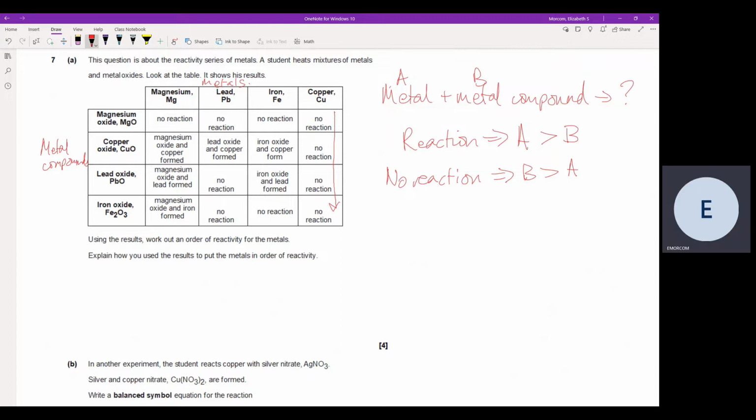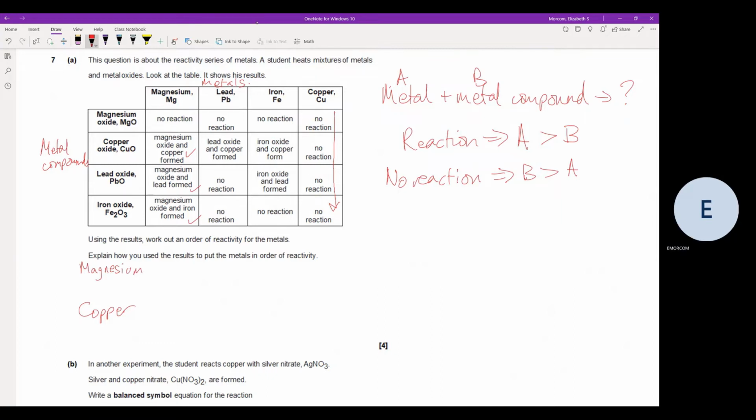So because the copper has not reacted with anything, we know that copper is going to be at the bottom of our reactivity. Then we want to look at the one that reacted with everything apart from its own metal. And if we look at magnesium, it had a reaction with the copper oxide and the lead oxide and the iron oxide. So the magnesium is at the top.